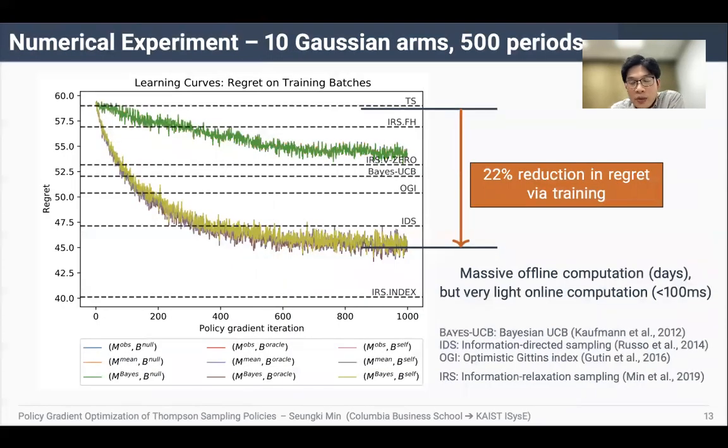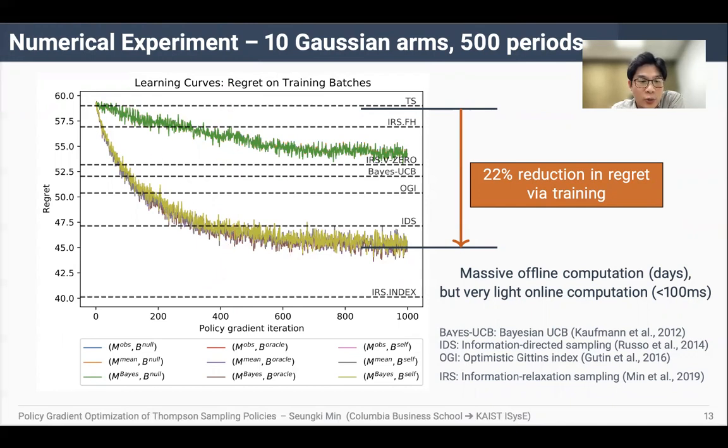Sorry for skipping all the details, but let me dive into the numerical simulation part. This is a very standard setting of a multi-armed bandit problem, and I'm showing you the regret of the algorithm over the course of the training. Starting from the Thompson sampling, at each step I'm computing the policy gradient estimate using the pseudo action interpretation and updating the meta parameters, or policy parameters lambda, according to the policy gradient step.